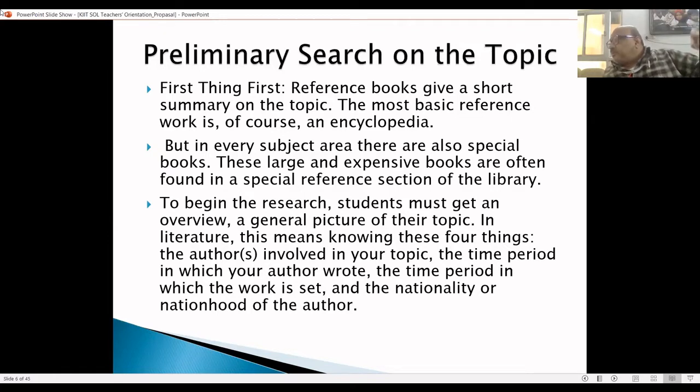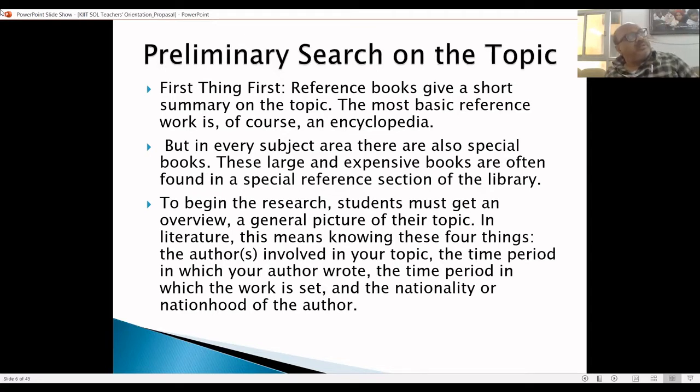Because if a student starts from there, then gradually, in a systematic manner, they become familiar with the topic, they gain preliminary familiarity. Those two pages in an encyclopedia or four pages in a reference book, because they are written by experts in the field, tell them a lot about what has been done and the critical trends on that topic.